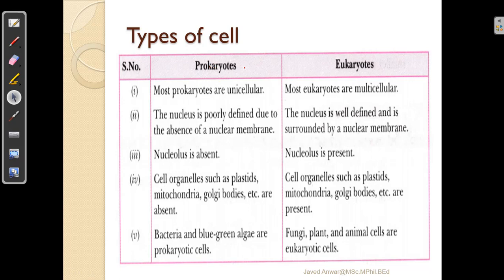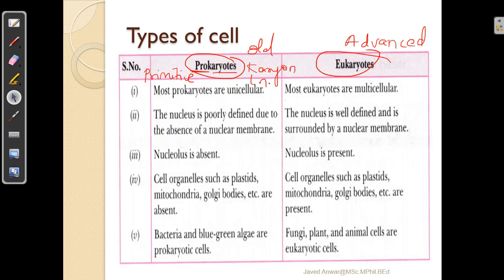So basically prokaryote means an old cell, and eukaryote means an advanced cell. The meaning of the word pro is primitive, older, and the meaning of the word karyon is nucleus.